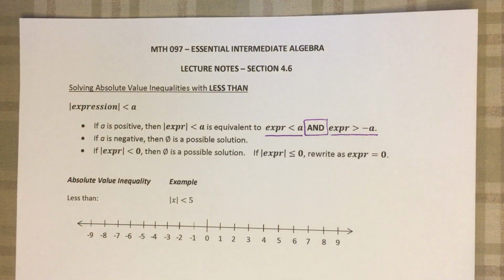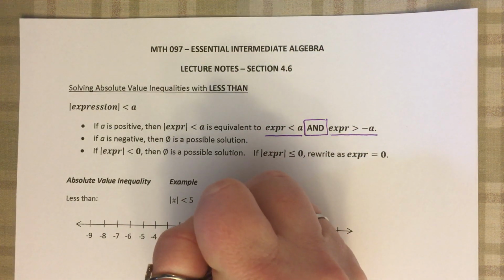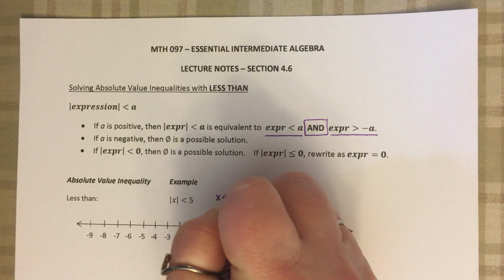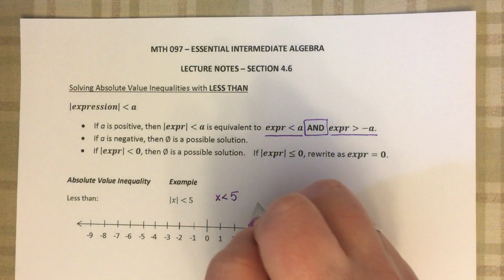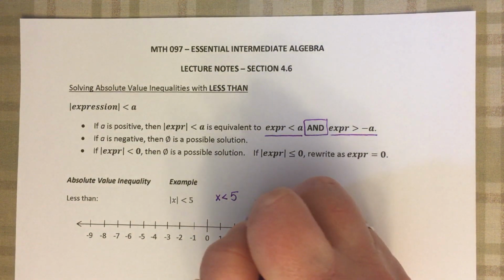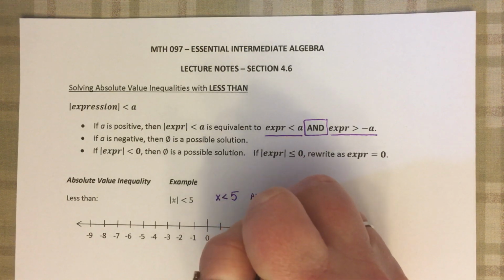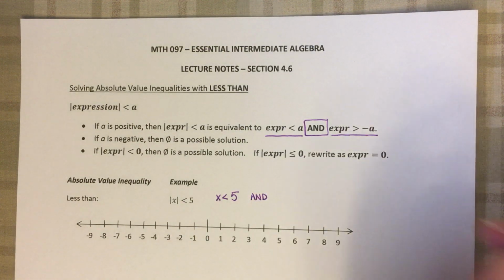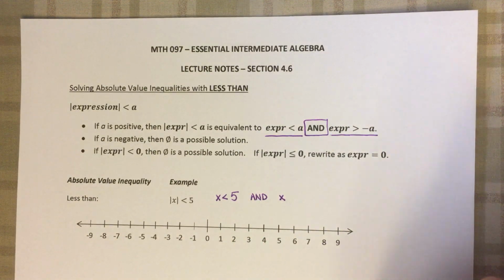So for this particular example down here, the absolute value of x is less than 5. So x is in our absolute value. We're going to start by writing that x is less than 5. We just copy the statement down exactly as it looks, and we're going to drop our absolute value symbol. And then we're going to put the word and in here. So x is less than 5, and x is inside our absolute value, so we start with that.